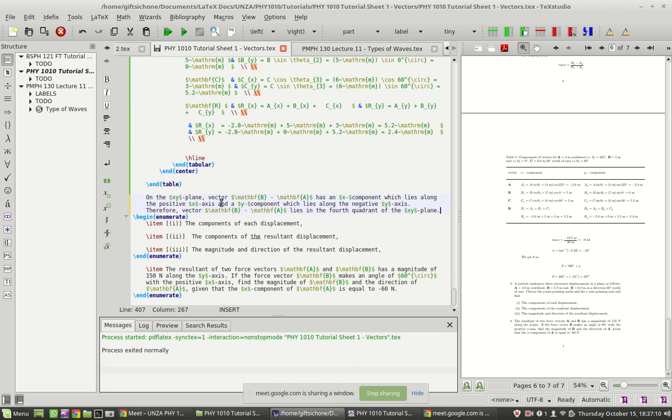Okay, so on the xy plane, vector R has an x component which lies along the positive x-axis and a y component which lies along the positive y-axis. Therefore, vector R lies in the first quadrant of the xy plane.